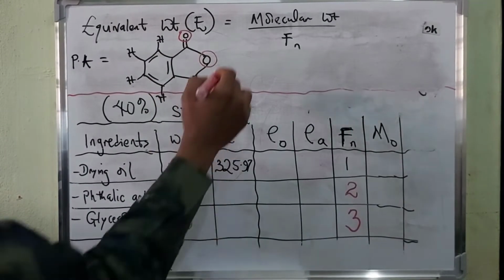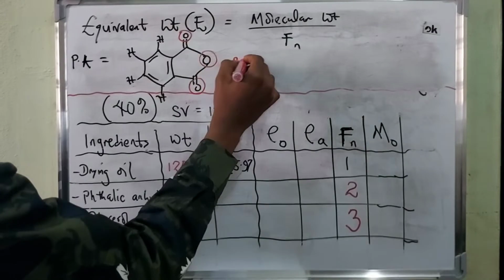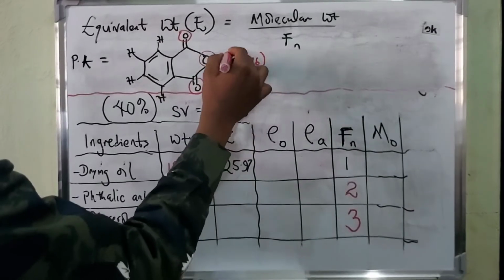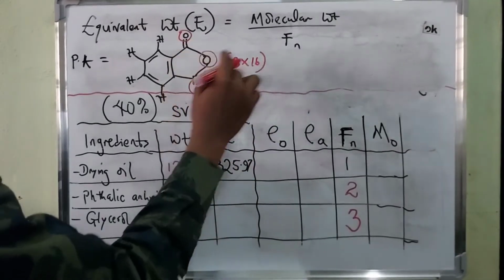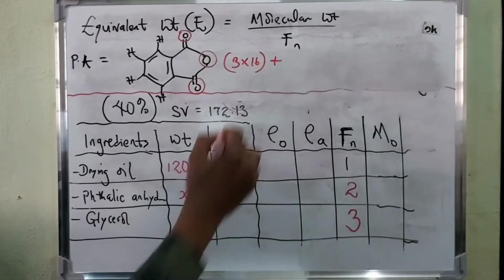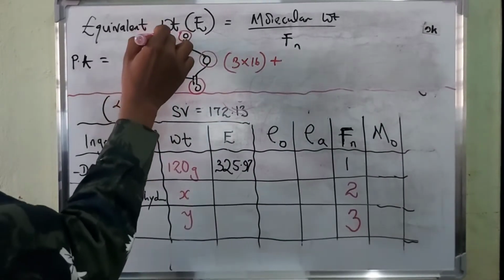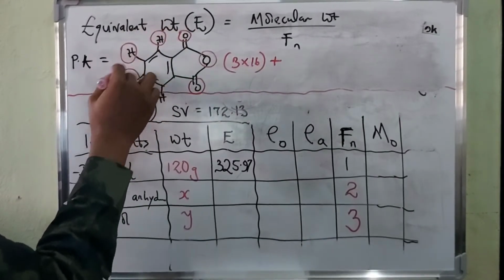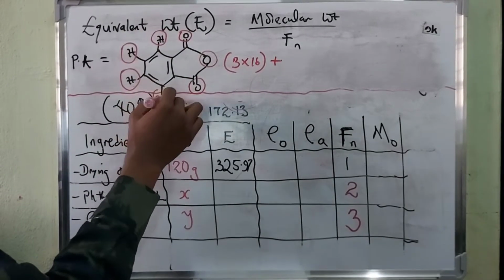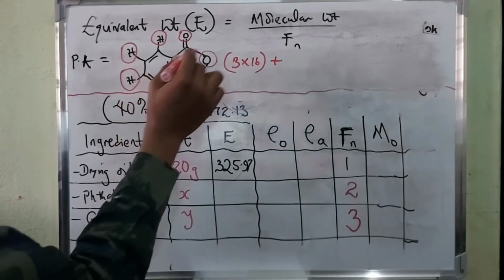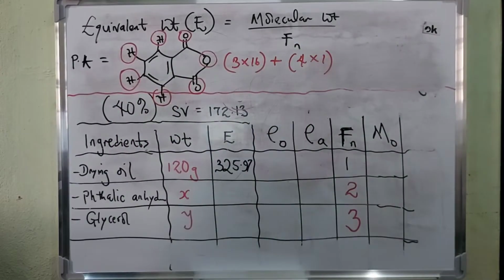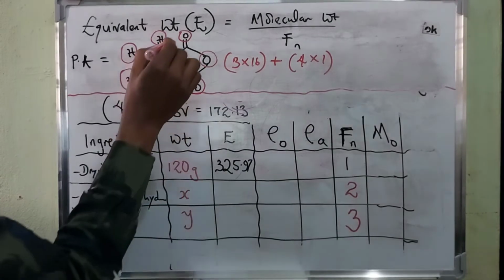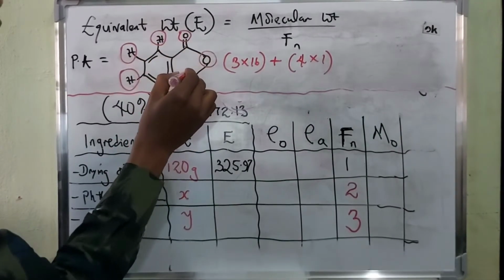We have 3 oxygen atoms, that is 3 times 16. The atomic mass for oxygen is 16. So 3 times 16 plus hydrogens, we have 1, 2, 3, and 4, so 4 times 1. Then carbon. Each of these points is a carbon atom.